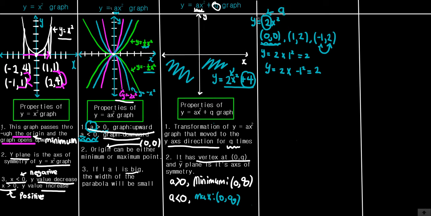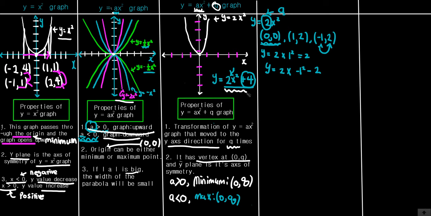We can graph this with these three points. At first let's graph (0, 0), then (1, 2) and (-1, 2). So we can approximately see that the graph will look something like this, and this is the approximate graph of y = 2x².